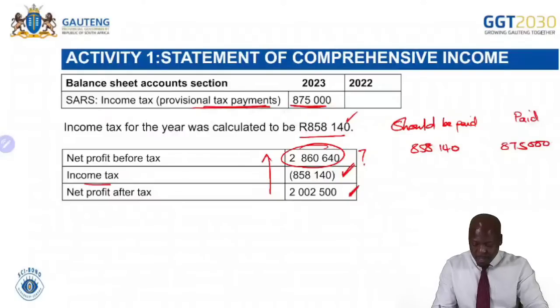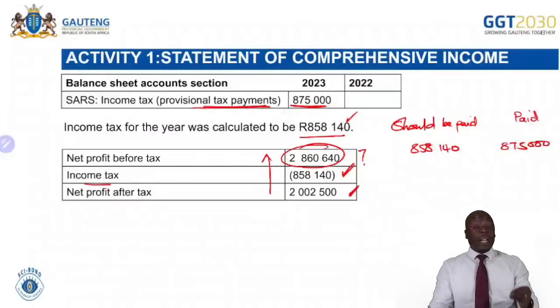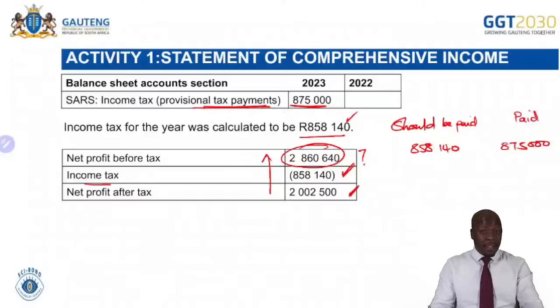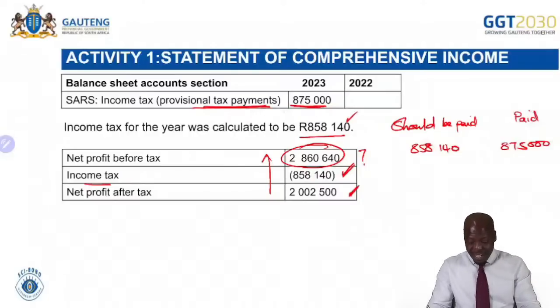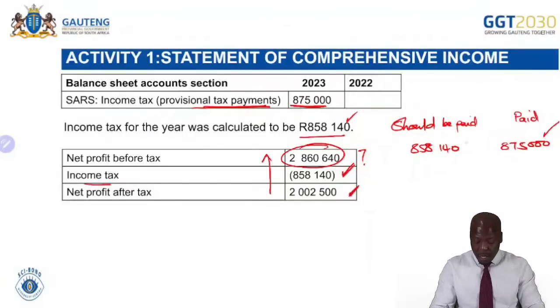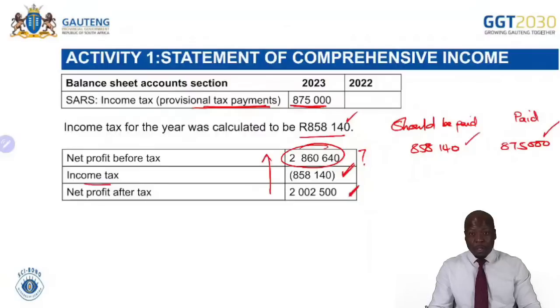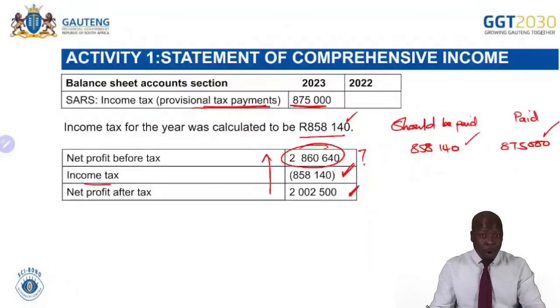How much has been paid? 875. So here's the situation. We have what was supposed to be paid, and we have what was paid. So what do you think? We have paid 875 when we should have paid 858,140. Who owes who? We paid SARS more than what we should have paid.